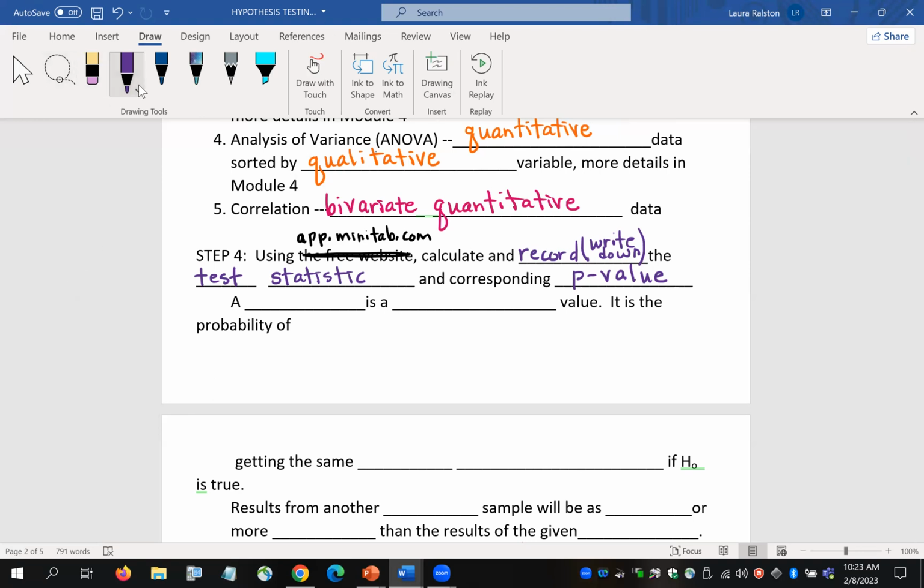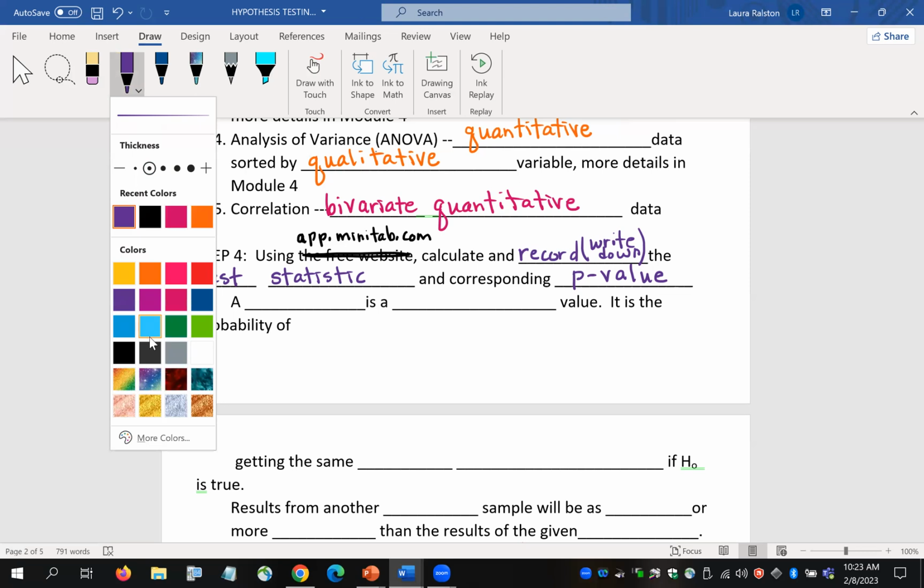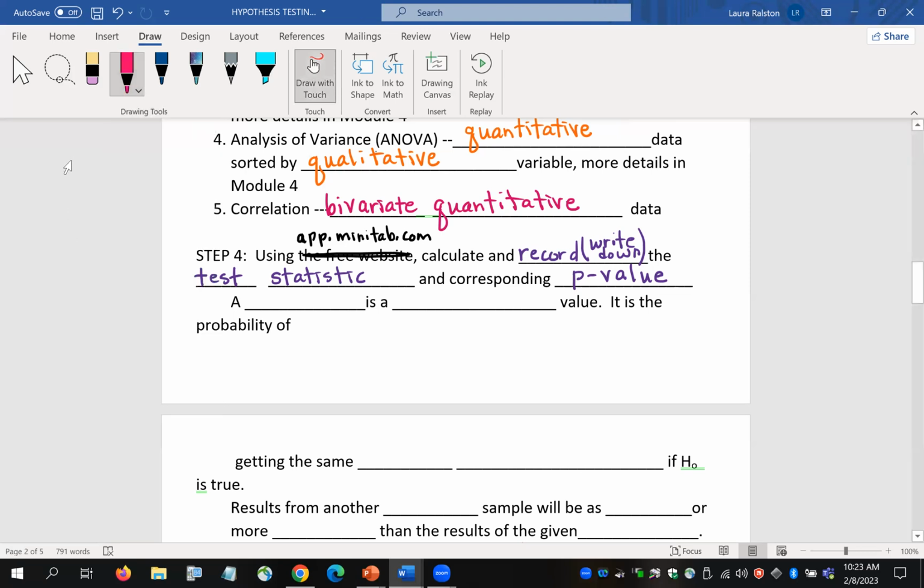Now, the idea of a p-value, or what is a p-value, is a kind of challenging concept for students. But a p-value is a probability value. We use P, the first letter of probability.